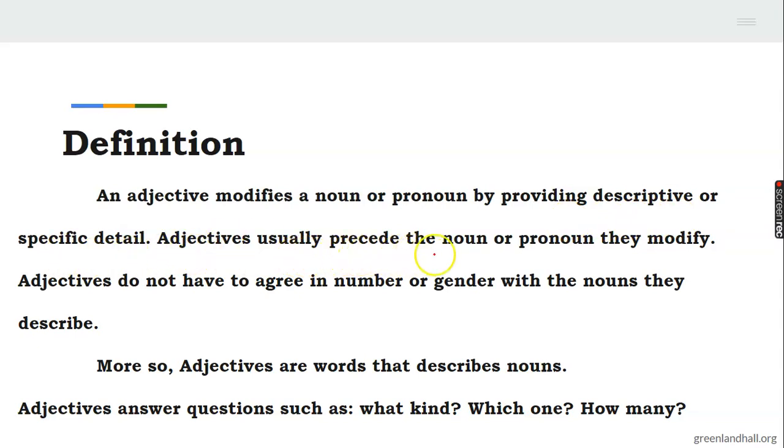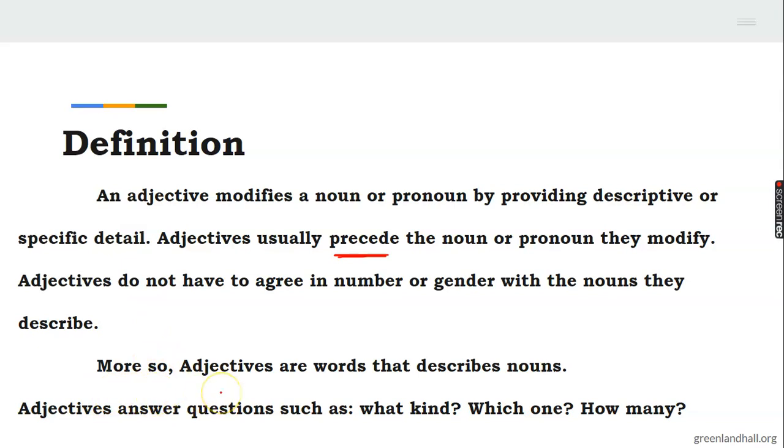Adjectives usually precede the noun or pronoun they modify. That is, they come before the noun or pronoun they modify. Adjectives do not have to agree in number or gender with nouns they describe. All they do is modify a noun or a pronoun.